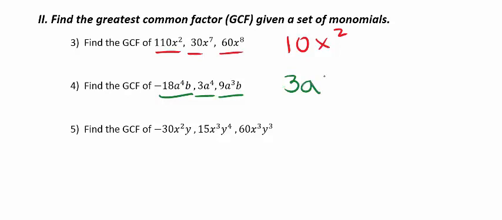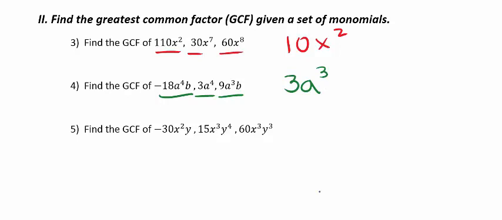So of those three, there's an a to the 3rd in all of them. Then we have a b in the first one, no b in the second monomial, and then a b in the third. Because b is not in the second one, it can't be a factor. So 3a cubed is our greatest common factor.